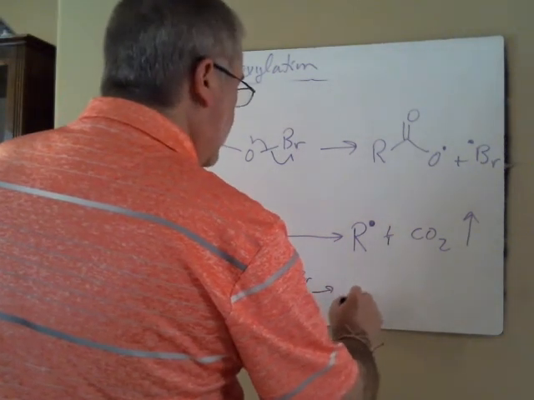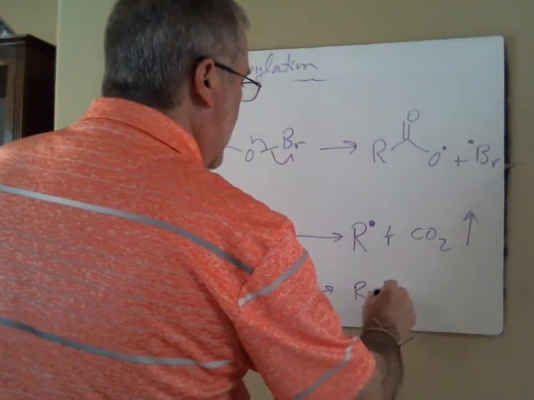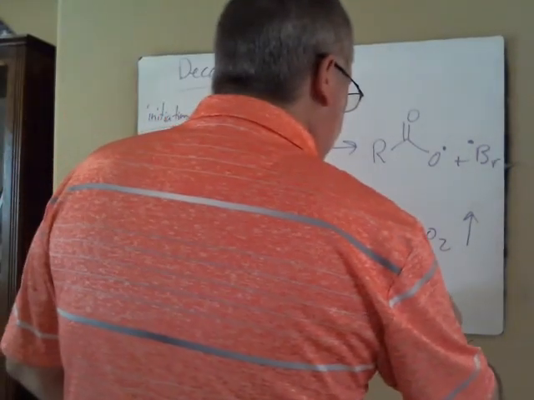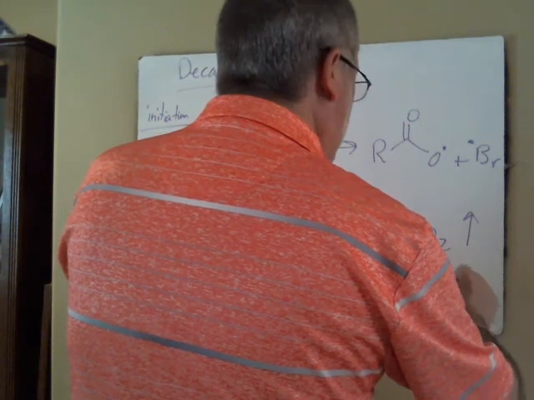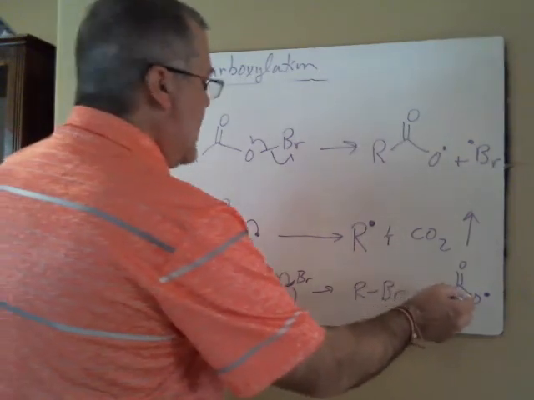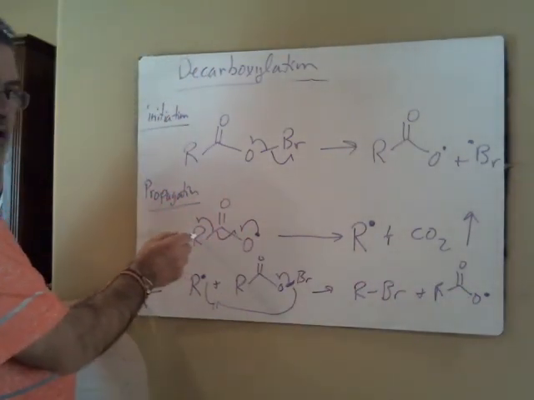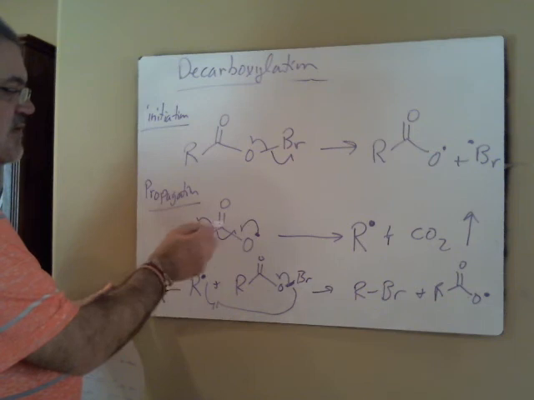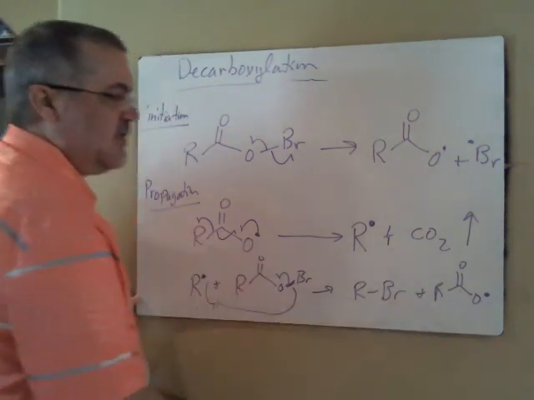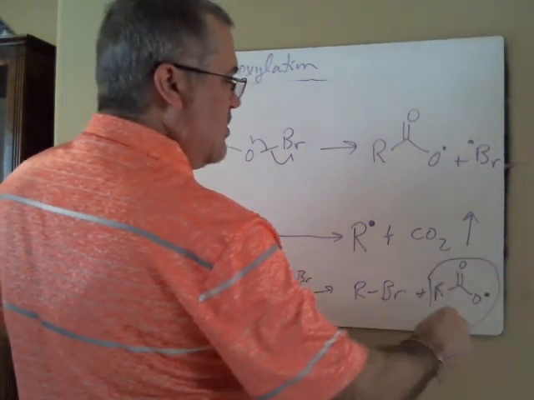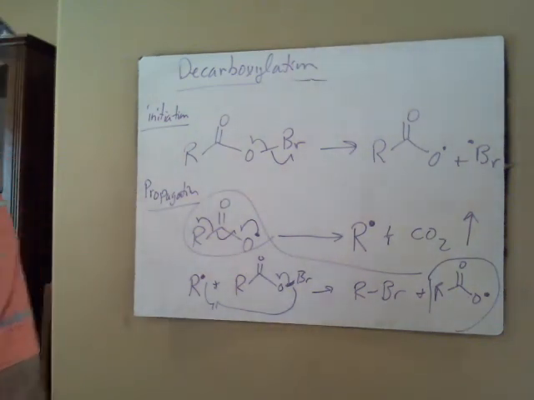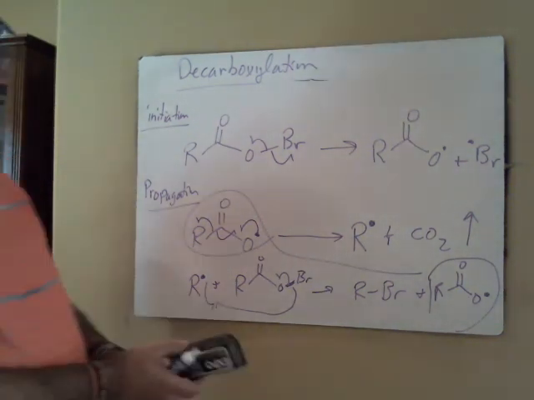So the result is I've formed a bond between that alkyl group and the bromine, but I've also formed what? This radical, which is here and can spontaneously decarboxylate and continue the process. So remember, this is what we call a chain reaction. All right? So that's how this reaction occurs.